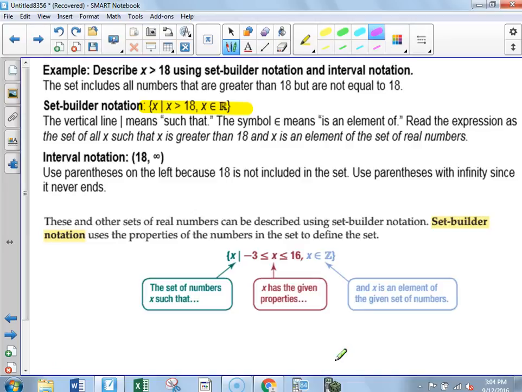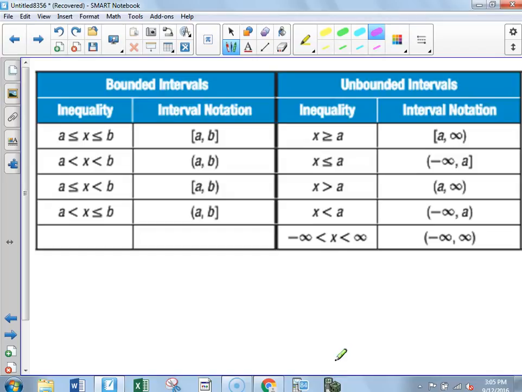We'd include -3 and 16 because of the or equal to's, right? Yeah, oh, it's 16. Thank you, bifocals. -3, -2, -1, 0, 1, 2, 3, 4, 5, 6, 7, 8, 9, 10, 11, 12, 13, 14, 15, and 16. Okay? So there is a finite number of answers to that because it's the integers. Don't worry about it. We're just going to do real numbers and we're going to do this notation.